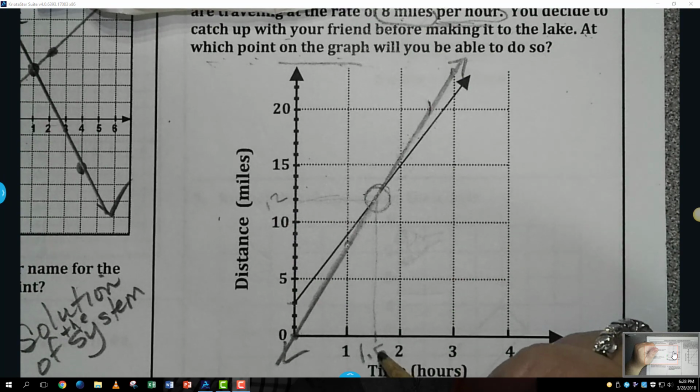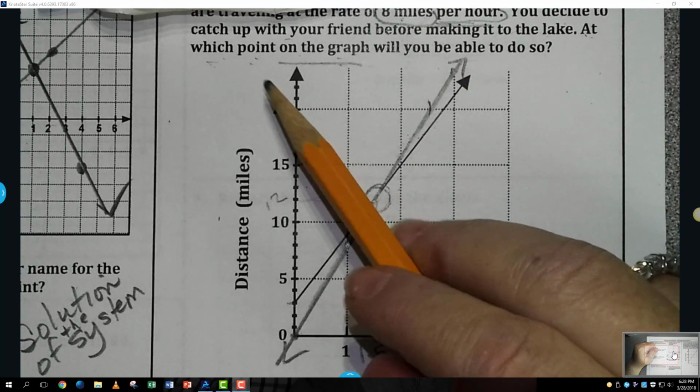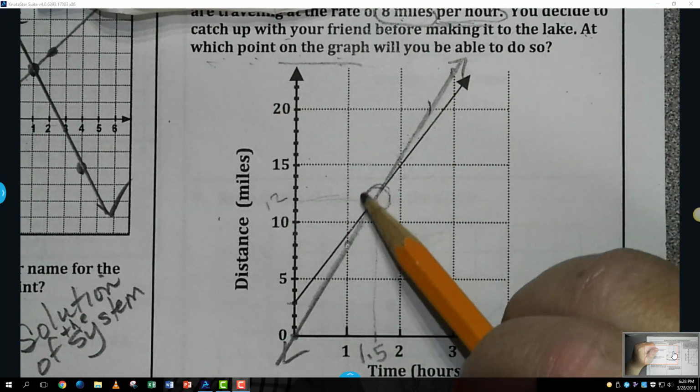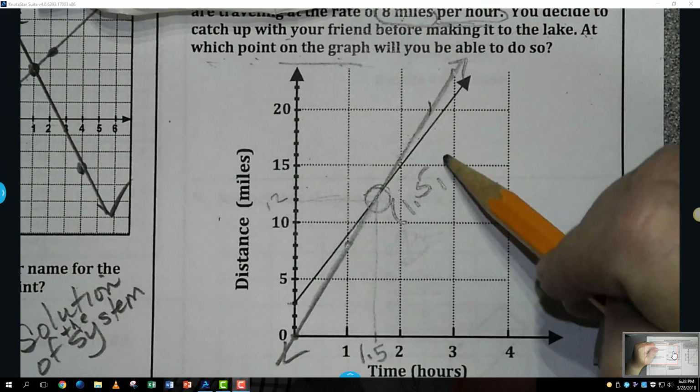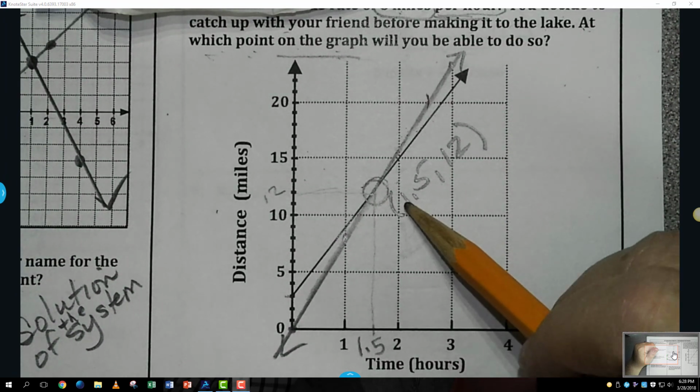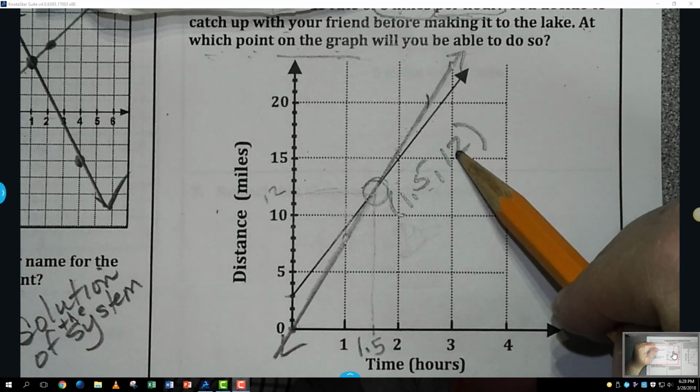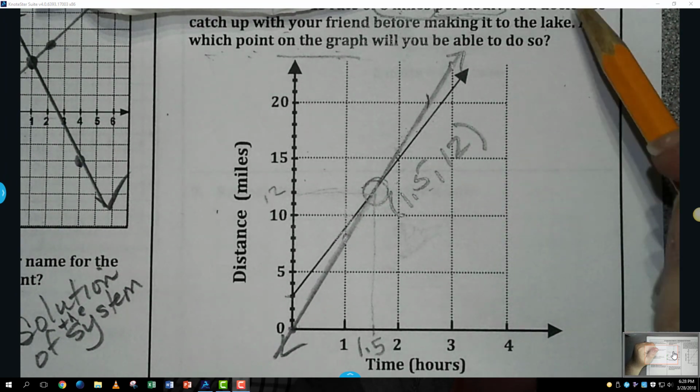So here we go. This is the point 1.5, 12. So at 1.5 hours and 12 miles into your trip, you'll be able to catch up with her.